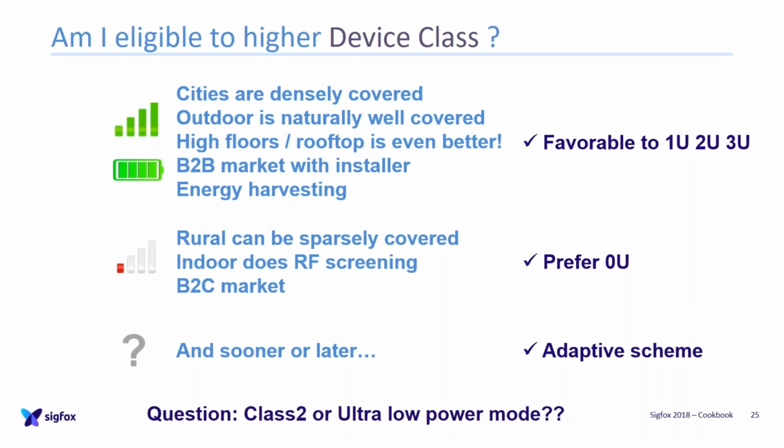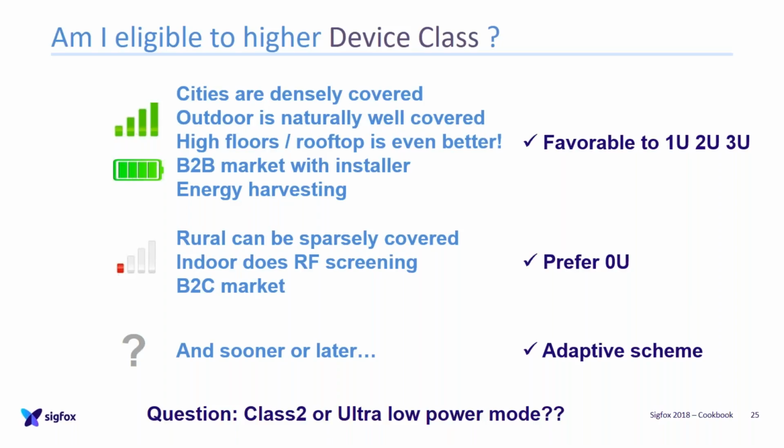The benefit of the diversity in Sigfox, I only tackled one aspect in the previous slide. In fact, the benefit of the diversity is extremely large. So I would rather maintain the same link budget for a device. Sorry, my voice is a bit broken by now.